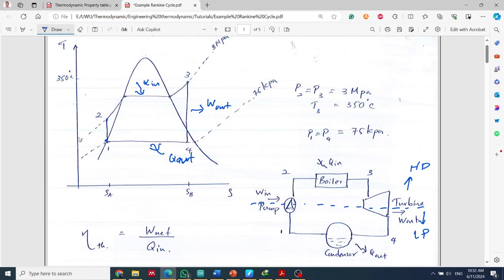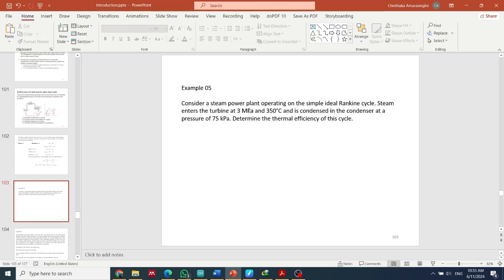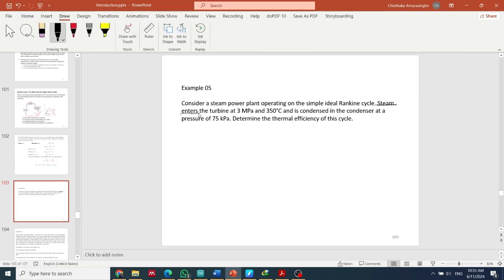These are our pressure lines: the high pressure line going like this, and the low pressure line going like this. That is the data given by the question. It says the steam enters the turbine at 3 megapascal and 350 Celsius, and condenses in the condenser at 75 kilopascal. So the high pressure is 3 megapascal, the low pressure is 75 kilopascal, and the temperature of the superheated steam entering the turbine is 350 Celsius.